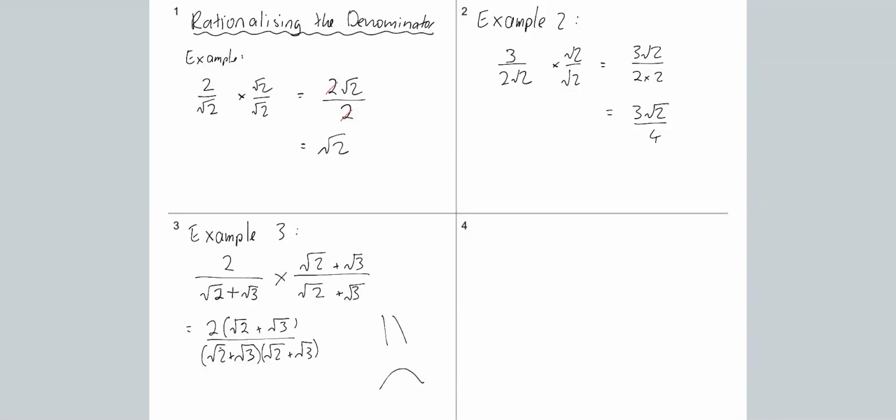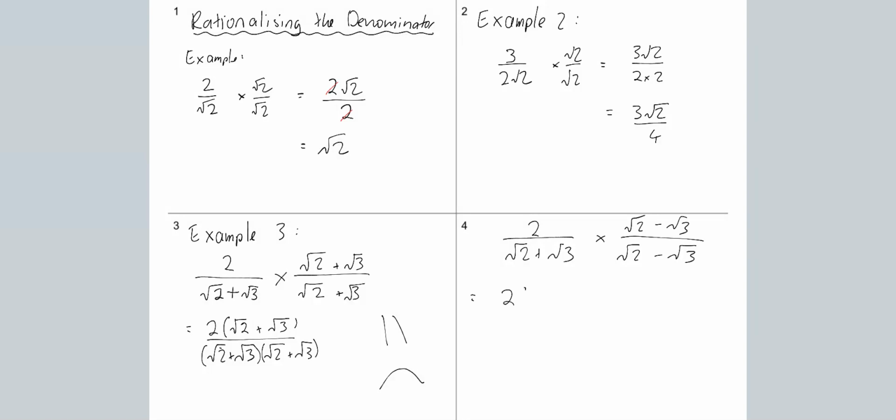So what we do instead is we take the root 2 plus root 3, and we're going to multiply it by root 2 minus root 3. And to keep it equivalent, I do the same thing on top.